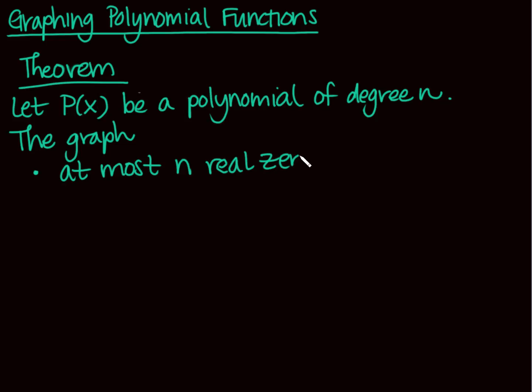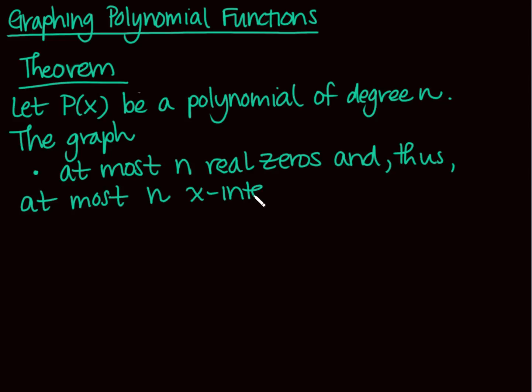So that doesn't mean that it even has to have real zeros. It'll have complex ones, but at most it has n real zeros, and thus at most n x-intercepts, because that's where our zeros are, where we cross the x-axis.